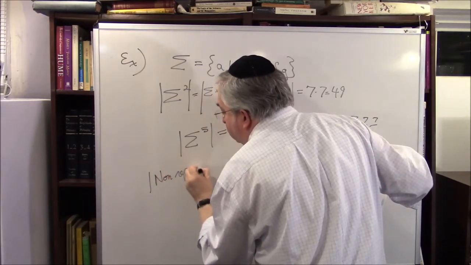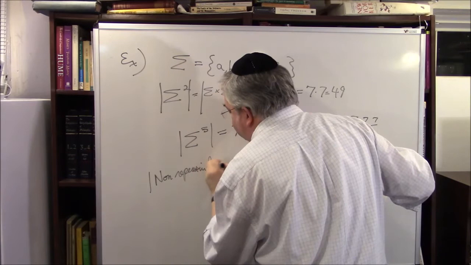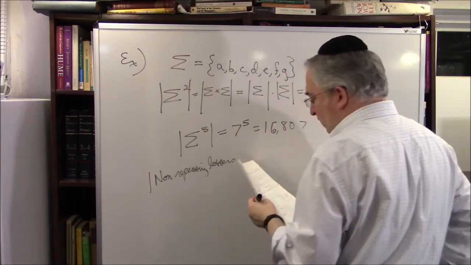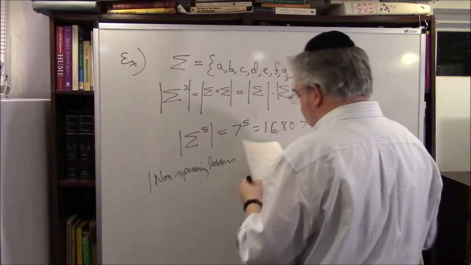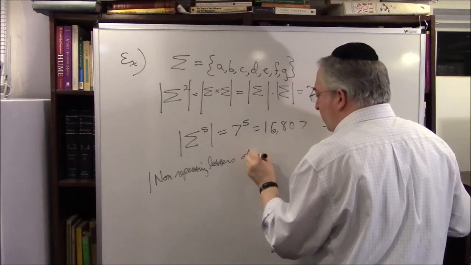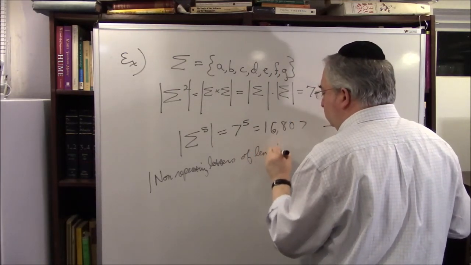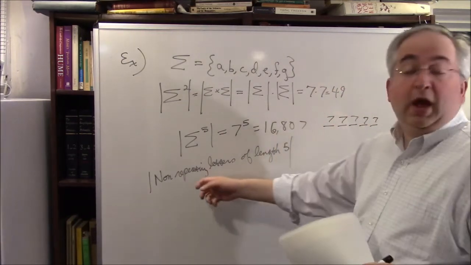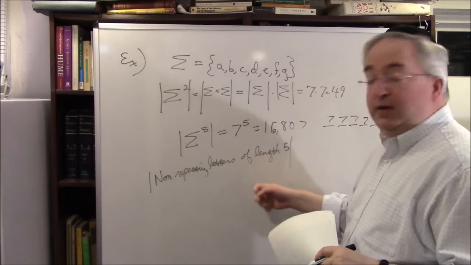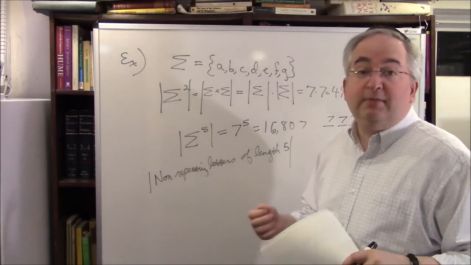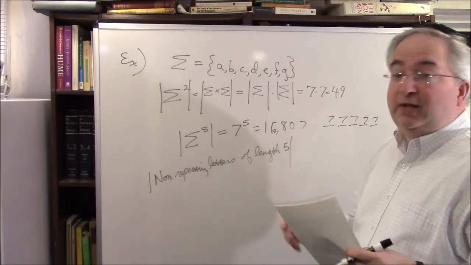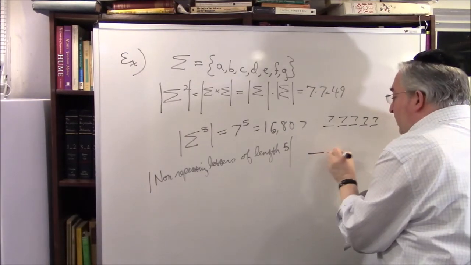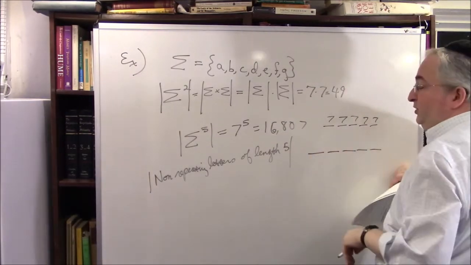Next, non-repeating letters of length 5. How many words are there with non-repeating letters? It means don't use the same letter more than once. The answer is as follows. Again, you have 5 dashes because you have 5 letters.